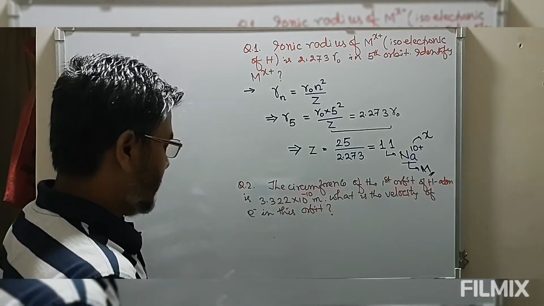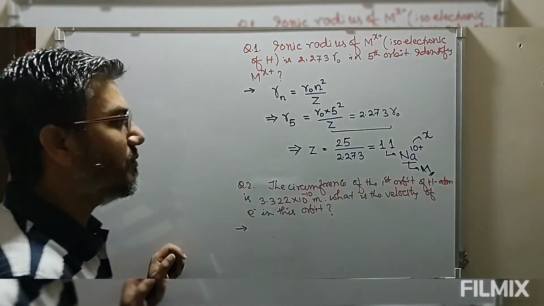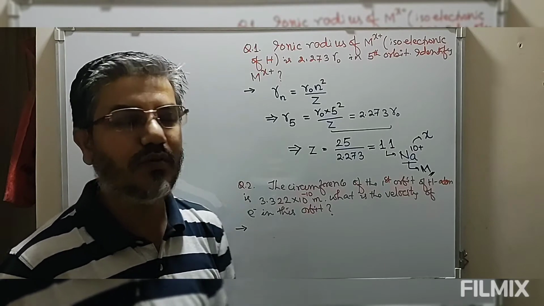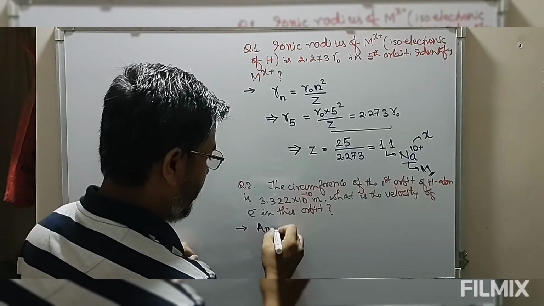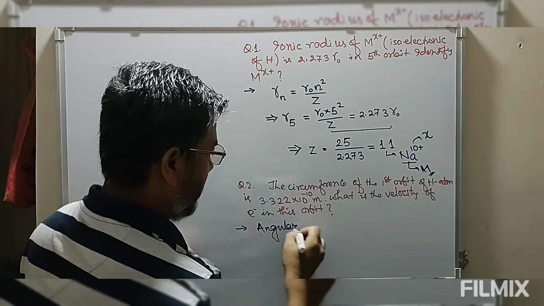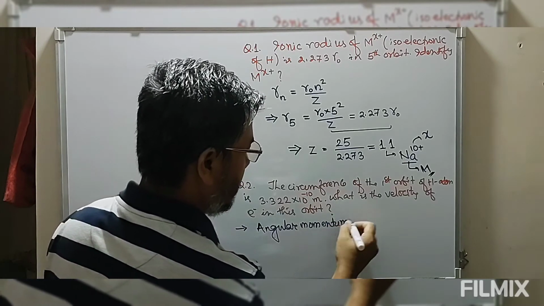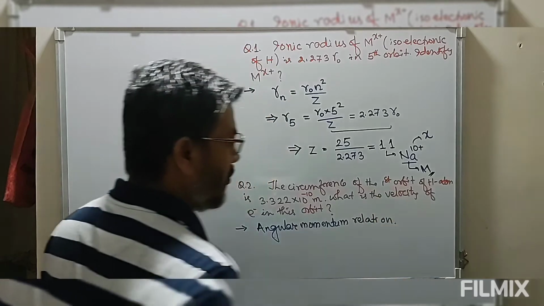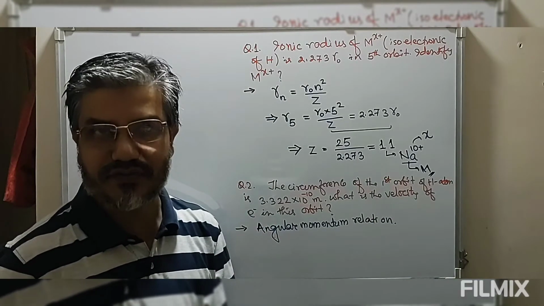Now look at this, we have an important relationship or postulate of Bohr's theory, that is the angular momentum relation. So this was one of the most important relations based on which we have derived a number of derivatives.